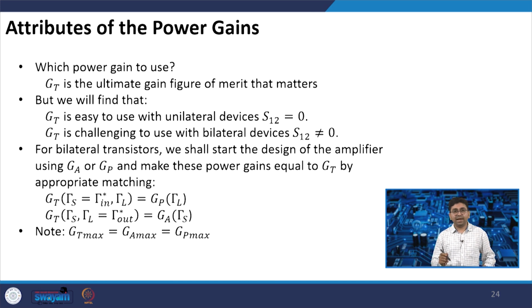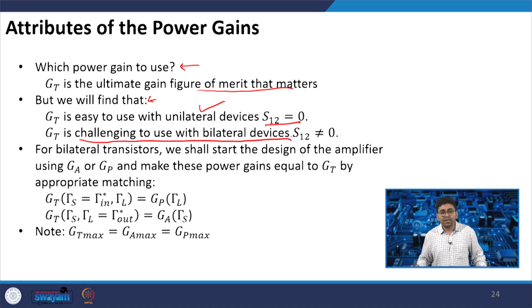So, what are the attributes of power gain? Which power gain should you use for getting the maximum gain? GT is the ultimate gain figure of merit that matters, but we will find that GT is easy to use with a unilateral device. We already discussed in the last class what a unilateral device is, where S12 is equal to 0. But it is very challenging for a bilateral device where S12 is not equal to 0.